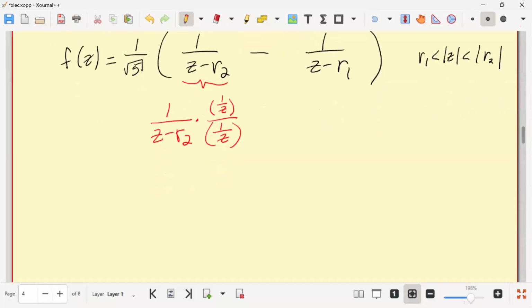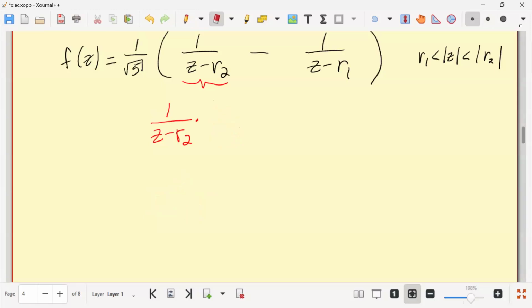Then I would get 1 over z on top. And here I would get 1 minus R2 over z. And I did that because, oh blast, I did the wrong thing. That was dumb. That's what I should have done to the other one. So here's how you realize you made your mistake.